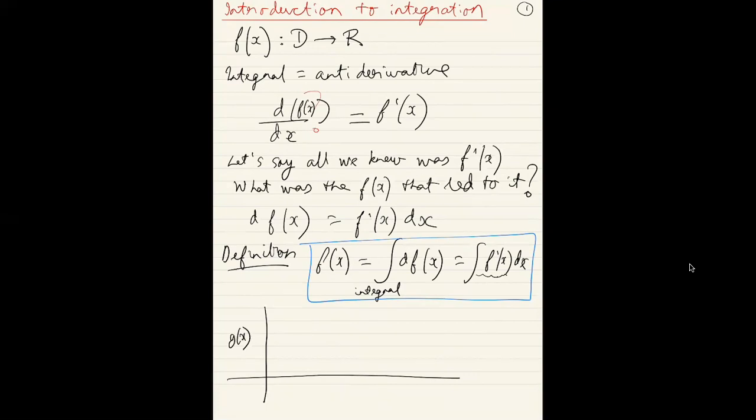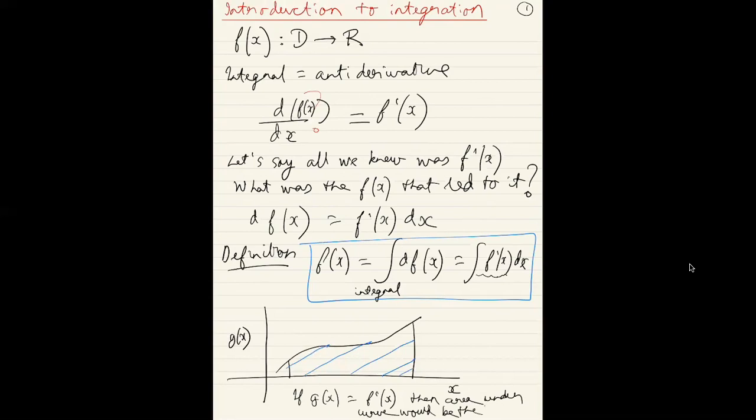This g of x could have been f prime of x, for example, some generic g of x defined as a function of x, and integration involves measuring the area under this curve moving from a certain point A to a certain point B. So if g of x was the f prime of x that we had been given, then the area under the curve would be the integral that we are studying. So let's try to understand what does this mean and where does this come from.